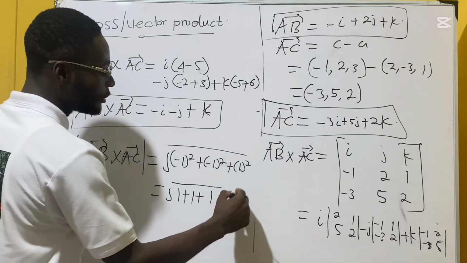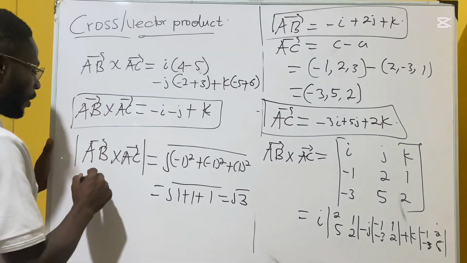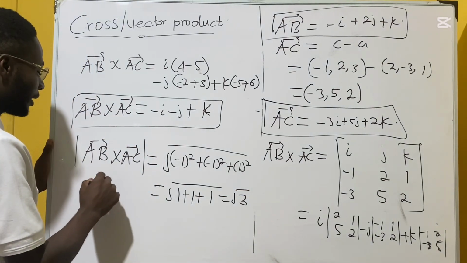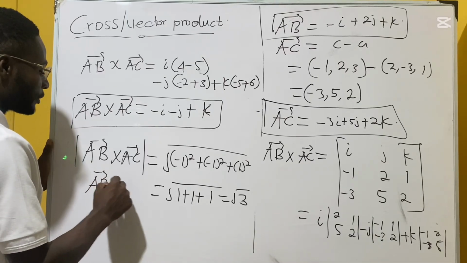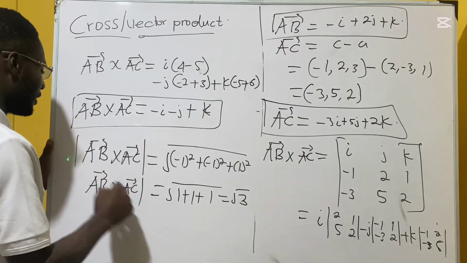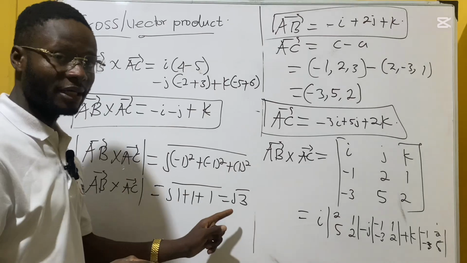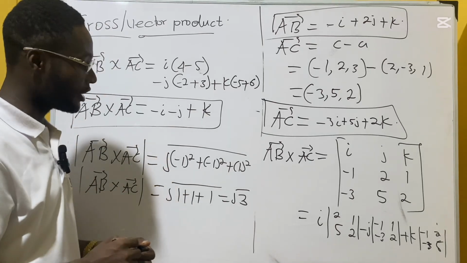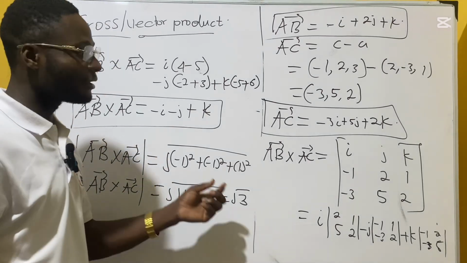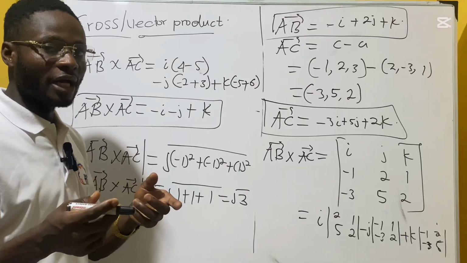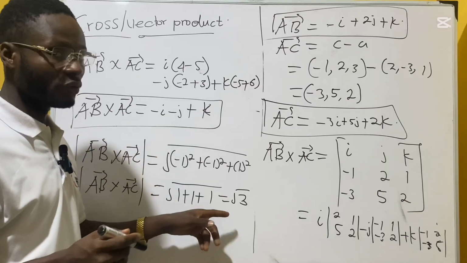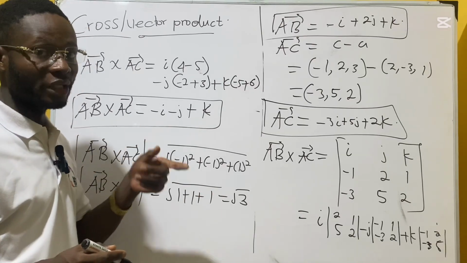So that is square root of 3. Okay, so we have their magnitude to be square root of 3. So once we have this, the only thing we have to do is to take half of this result, and that becomes the area of the triangle.